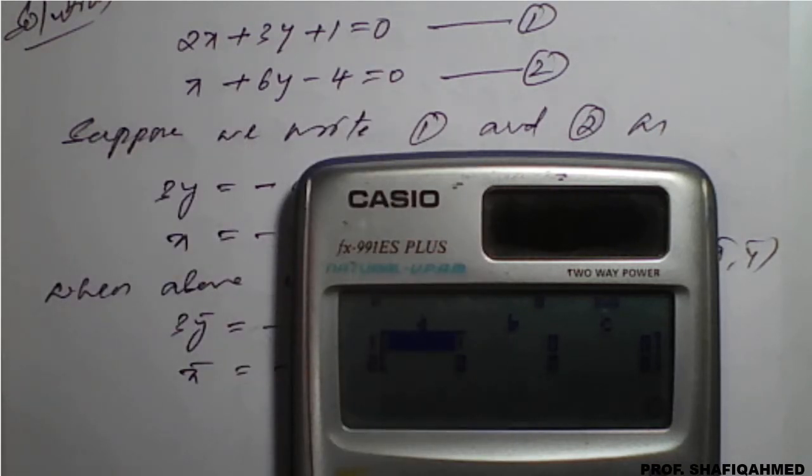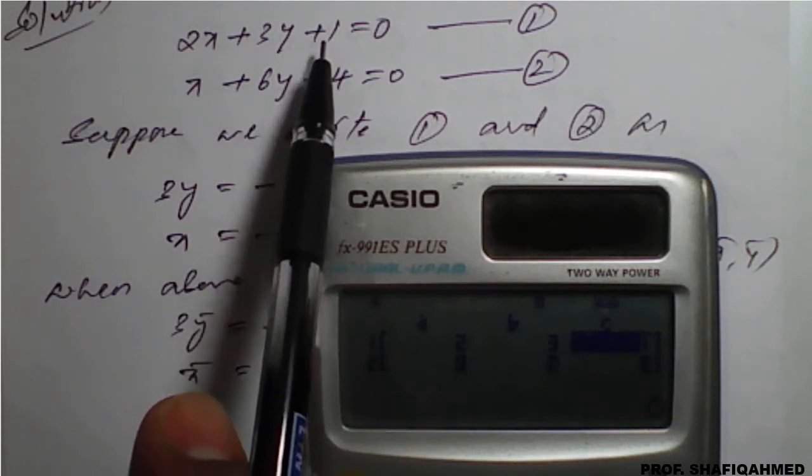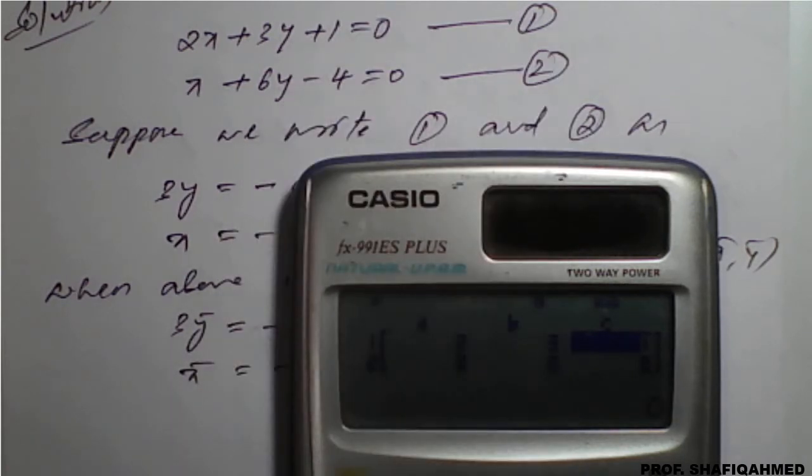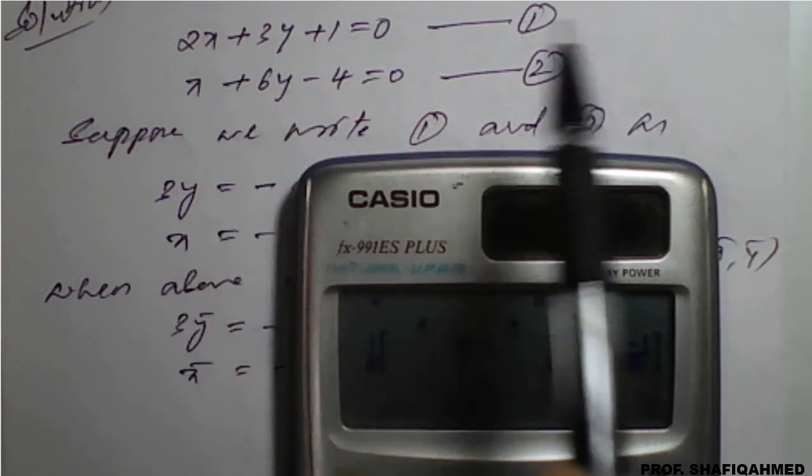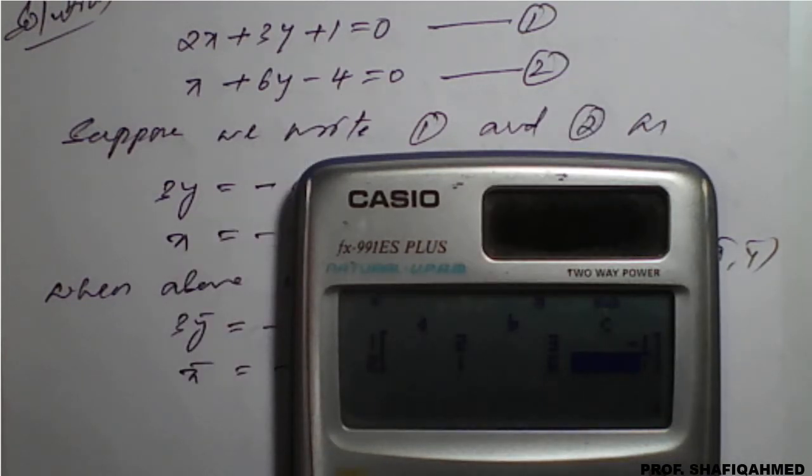Coefficient of x is 2, coefficient of y is 3, press equal to, then shift this plus 1 to the right hand side, it becomes minus 1. Then coefficient of x is 1, coefficient of y is 6, and shift this minus 4 to the right hand side, it becomes plus 4. If you press equal to, the x bar value is minus 2, then the y bar value is 1.